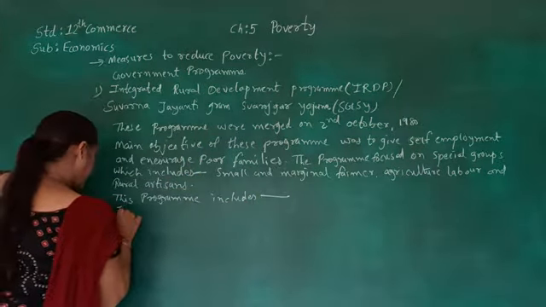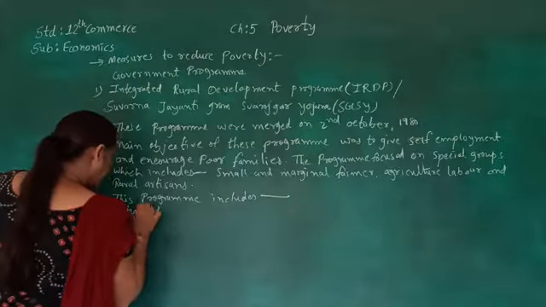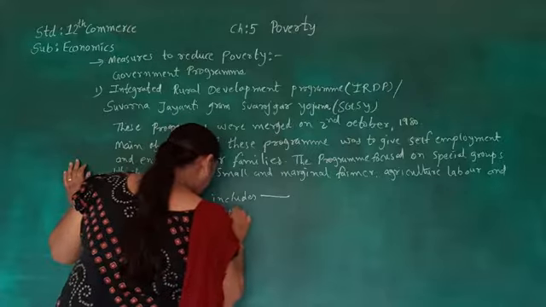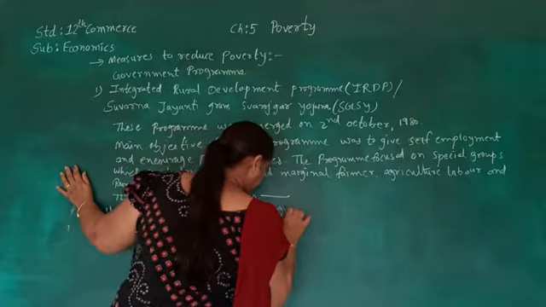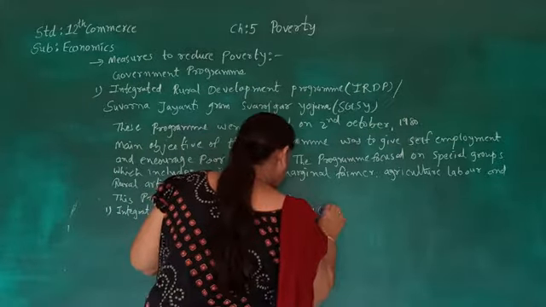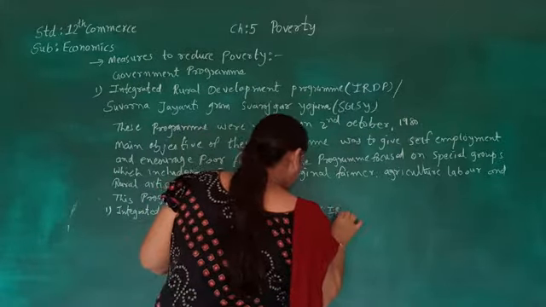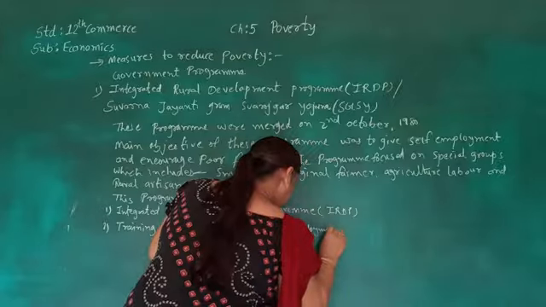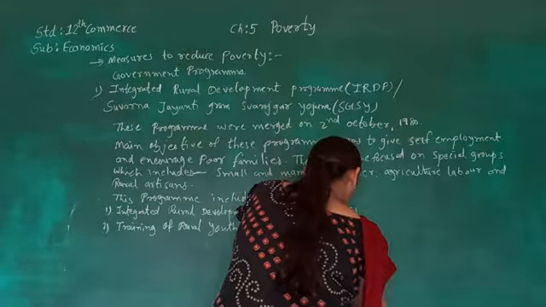The second was Training of Rural Youth for Self-Employment, that is called TRISEM.